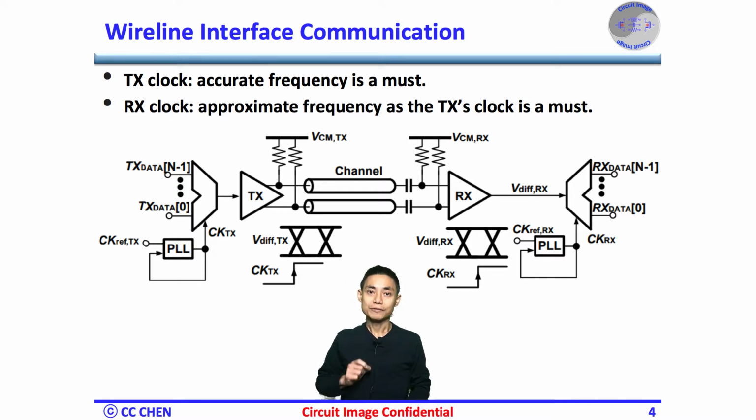For example, if either frequency is moving around or unstable, both TX and RX data won't be the same. Similarly, if both frequencies are different, both data won't be the same either. Therefore, a PLL is a must to provide a stable and adjustable clock rate in a wireline interface.